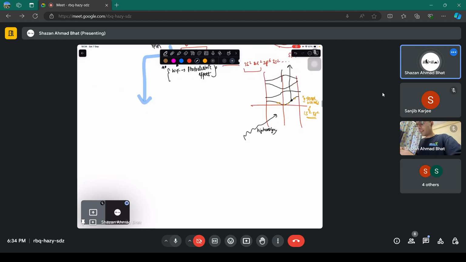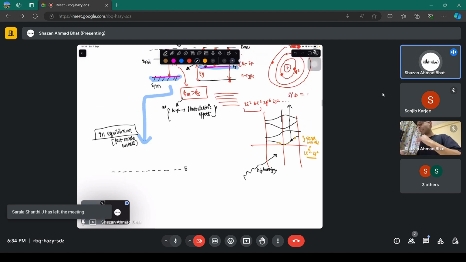So what happens is that you get a flat Fermi level in equilibrium. This is in equilibrium, when you just made the contact. This happens as soon as you fabricate it.